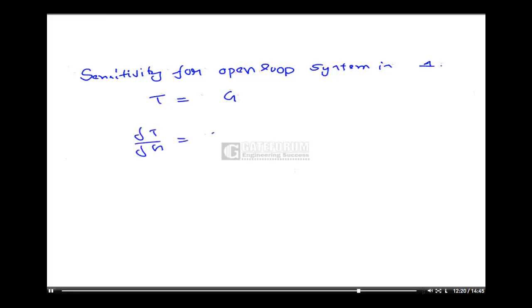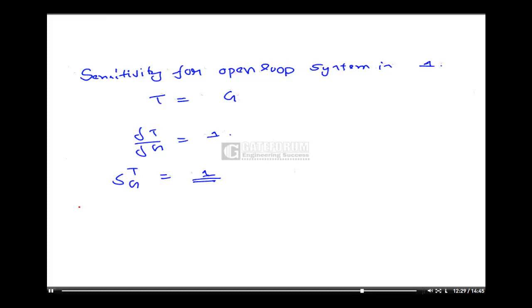Sensitivity for open loop system is 1. Because T for open loop system is G, then delta T by delta G is equal to 1. Okay. Thus sensitivity of T with respect to G is 1.